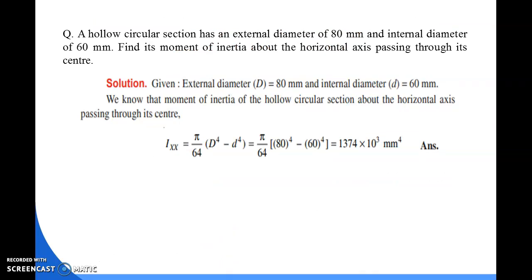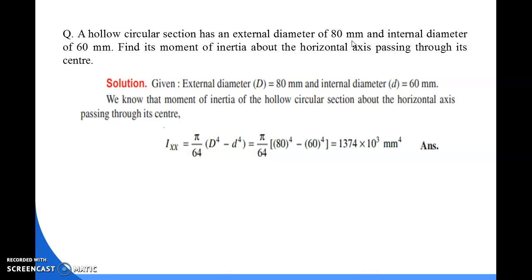According to the numerical here, a problem is given of a hollow circular section which has an external diameter of 80 mm and internal diameter of 60 mm. Here we have to find the moment of inertia along both axes.